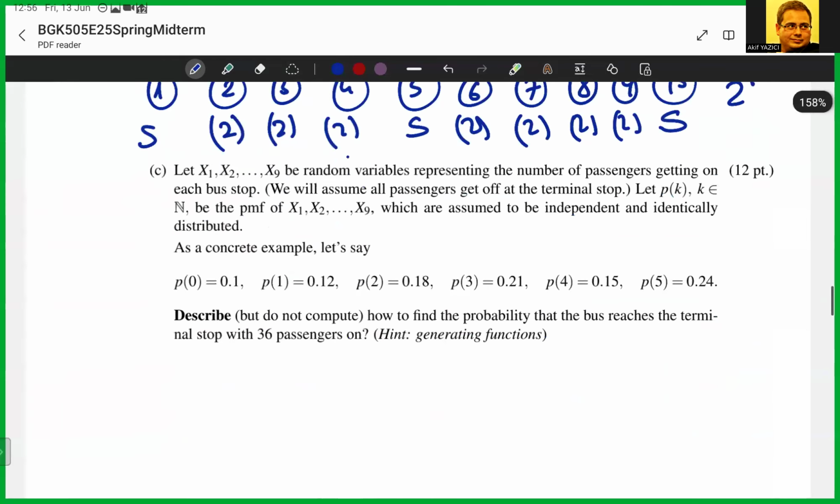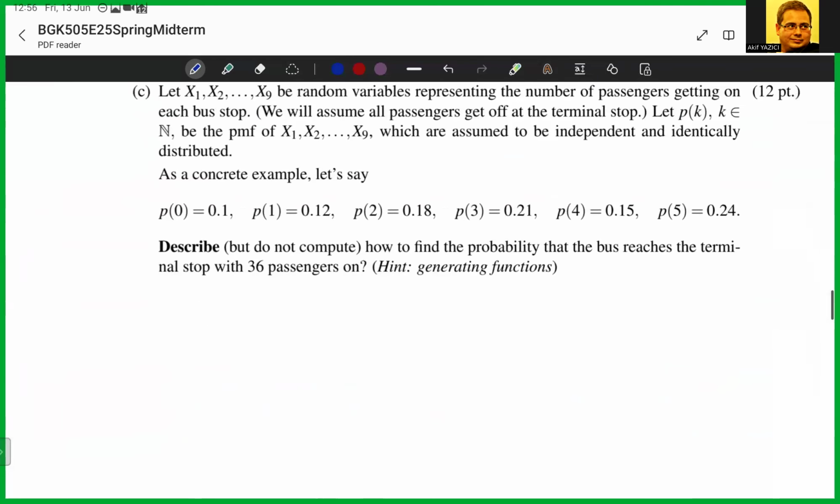And the final part of this question: X1, X2 through X9 are random variables representing the number of passengers getting on at each bus stop. We will assume all passengers get off at the terminal stop. So no one is getting on at the terminal stop, obviously, so we don't have X10. And P of K is the PMF of each of these X's, indicating the number of passengers getting on at each stop.